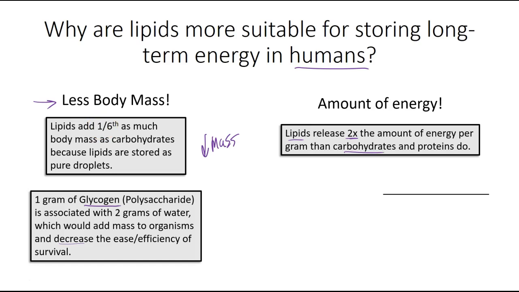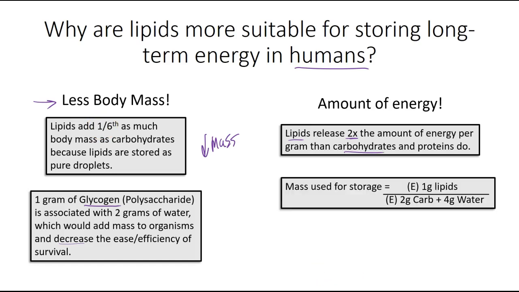You want to be less massive and provide as much energy as possible. A simple equation would be the energy in 1 gram of lipids divided by the energy of 2 grams per carbon plus 4 grams of water, used to calculate the total mass needed to store the energy that we require to live.